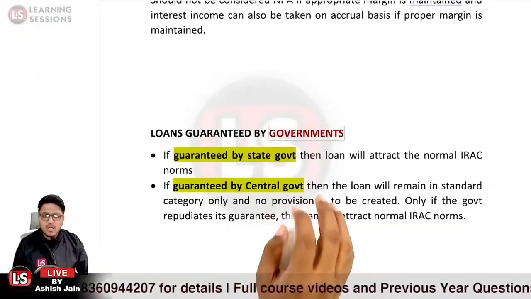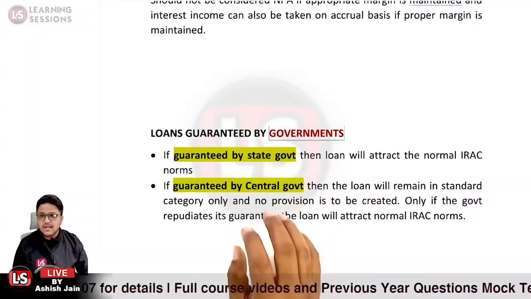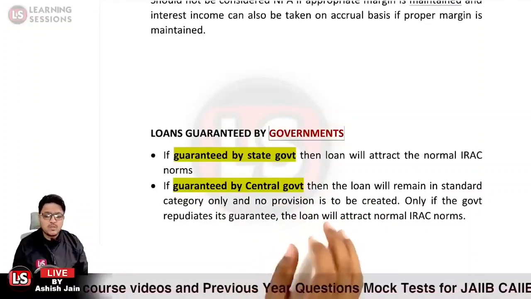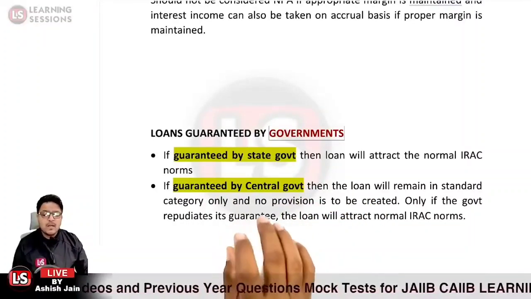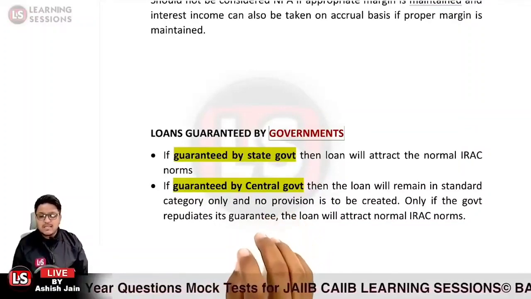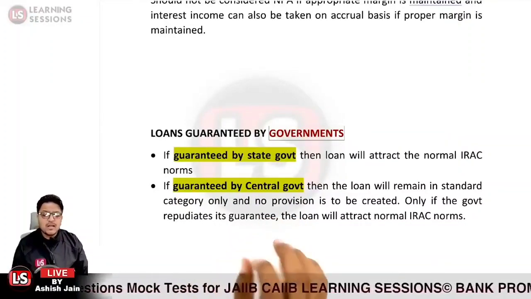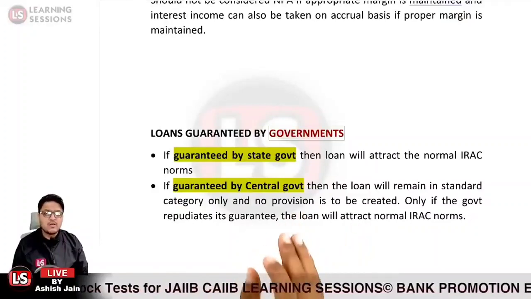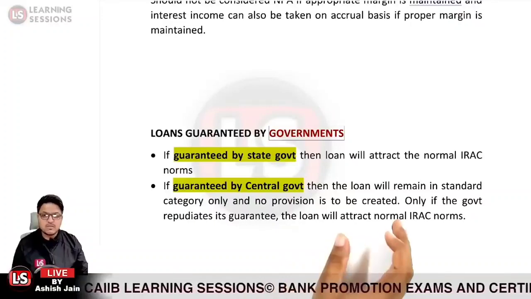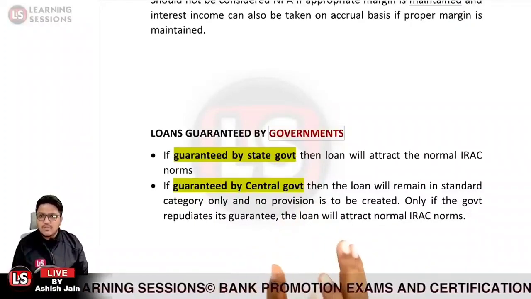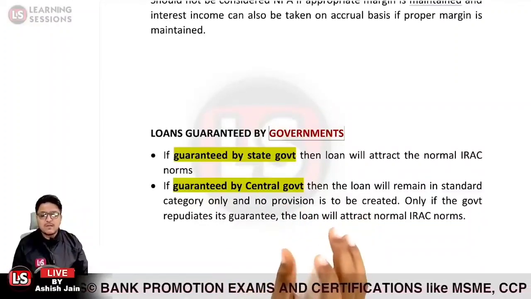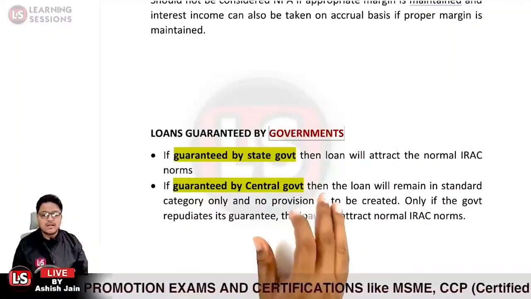The account will remain under the standard category only, and no provision is to be created, unless the government cancels or repudiates the guarantee. In that case it will attract the normal IRAC norms, that is the income recognition and asset classification norms. Otherwise, no provision is to be created, and the account will remain under the standard category only.